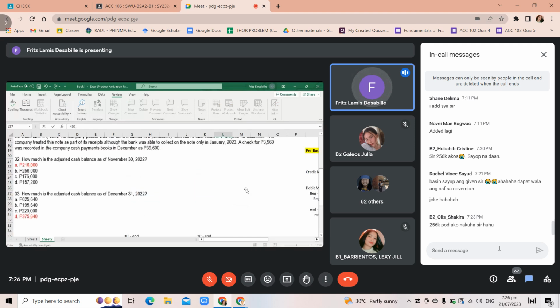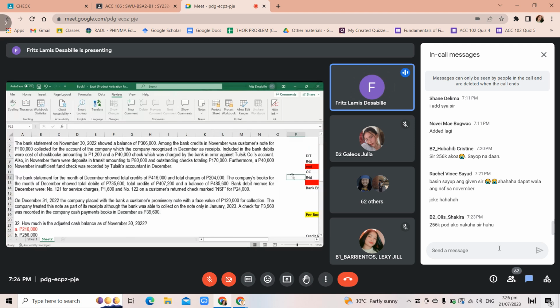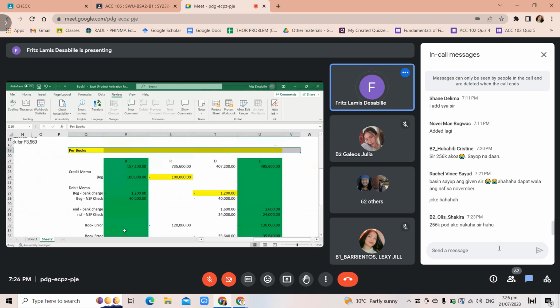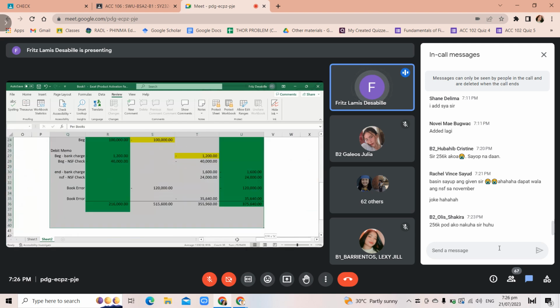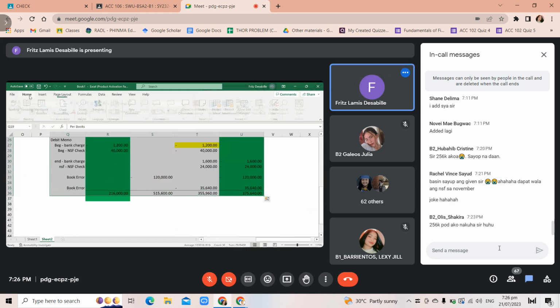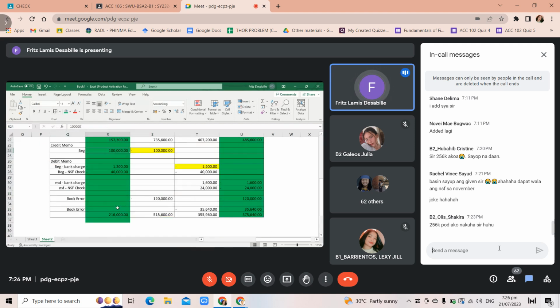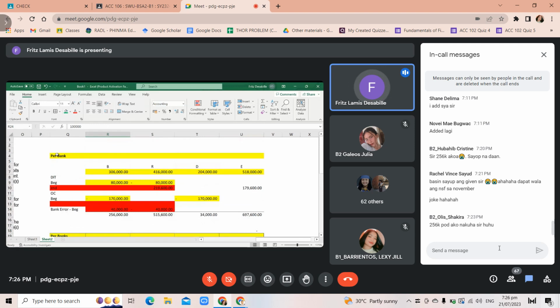Okay. Anyway, guys, I'm going to be putting the solutions here. Pero basically on this problem, this is how you compute for the ending balances. So what you do is to plot out. But I'm going to be completing this one.